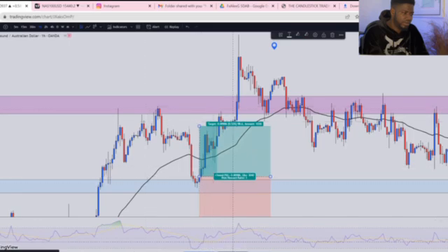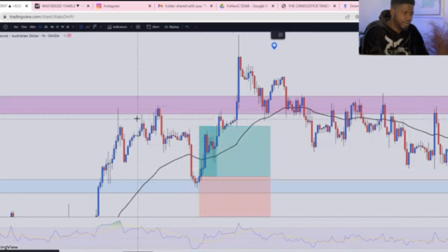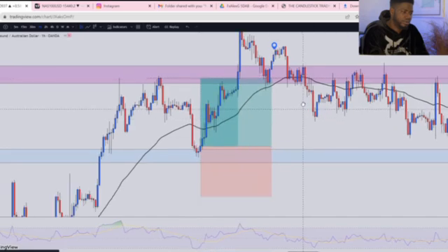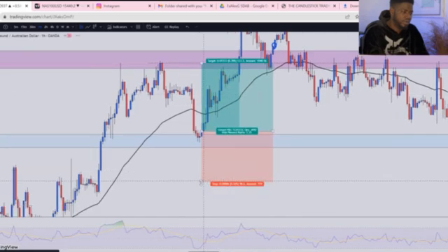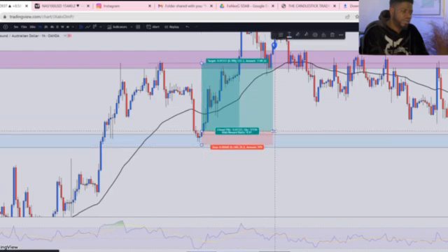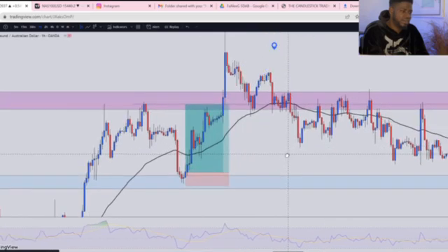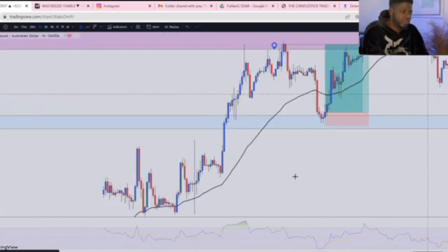Just mark your next swing high and take your trade. Always make sure that you have 1:3. Morning Star, once you see this candlestick pattern, you always see that 1:3.